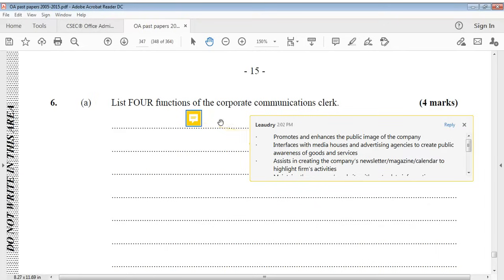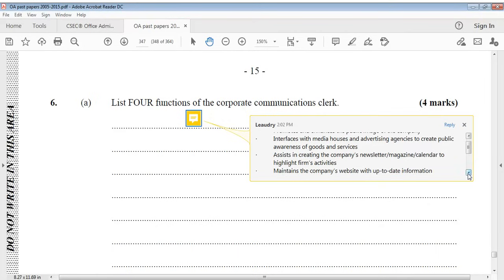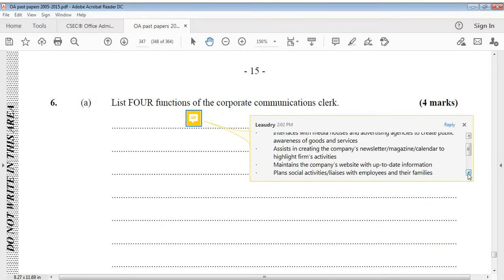Assists in creating the company's newsletter, magazine, calendar to highlight the firm's activities. 4. Maintains the company's website with up-to-date information.